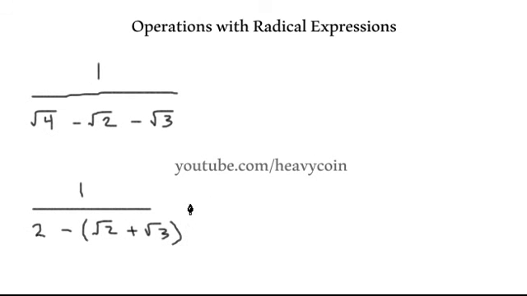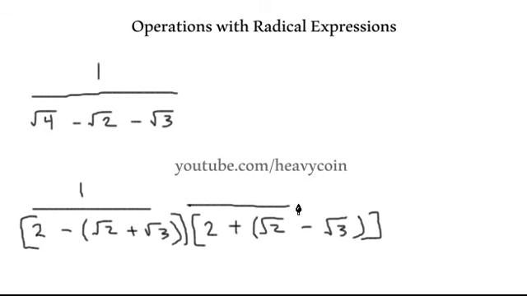Now I'm going to multiply the denominator by 2 plus the square root of 2 minus the square root of 3. Then of course we want to write that up here in the numerator also: square root of 2 minus the square root of 3.